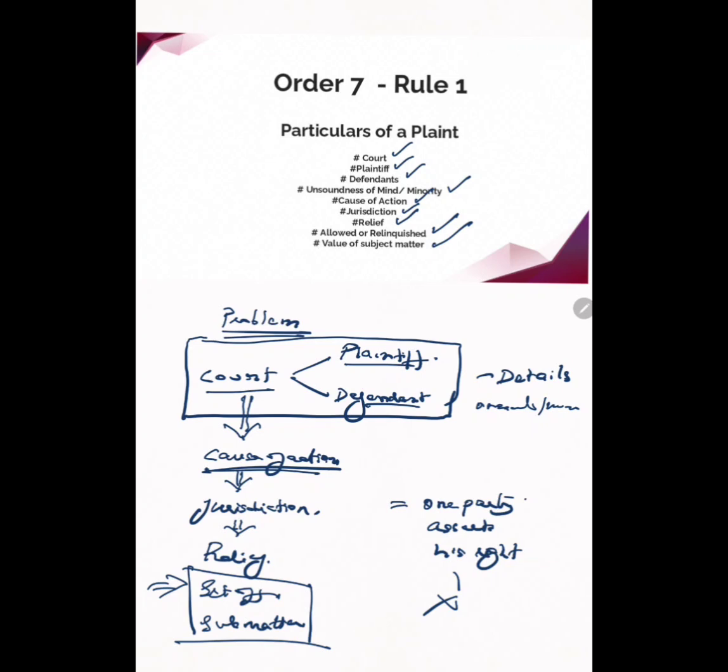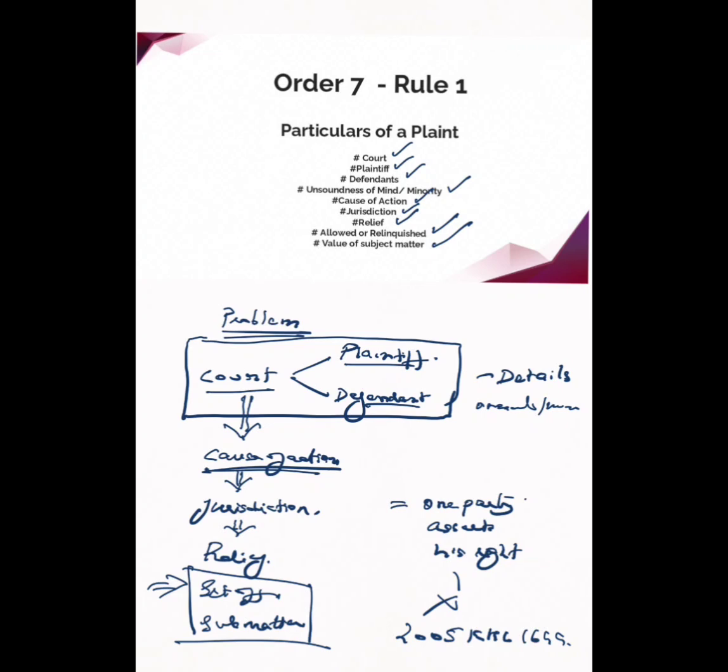In Atmananda versus Ramakrishna Tabovanam, that is 2005 KHC 1649, the Honorable Court has stated that every fact which, if traversed, would be necessary for the plaintiff to prove to get a judgment in his favor, is what a cause of action is.